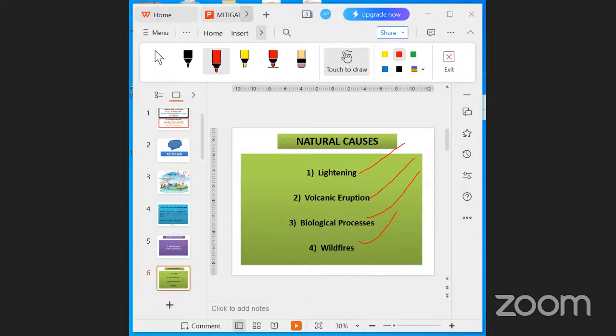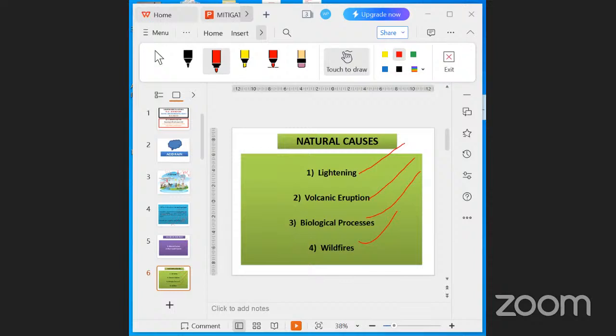Volcanic eruption is a natural cause, because this is something which happens in nature, which is not in our control, right? Whenever a volcano erupts, a blast of gases comes from within the surface of the earth, which contains oxides of nitrogen, sulfur, and carbon.